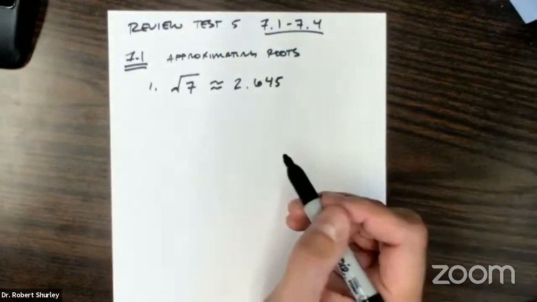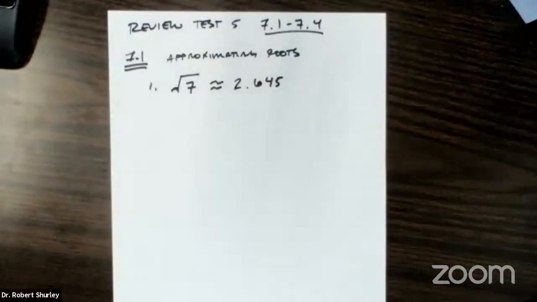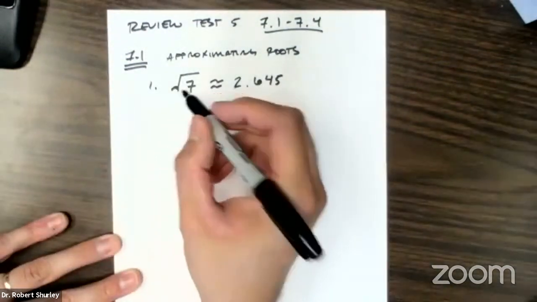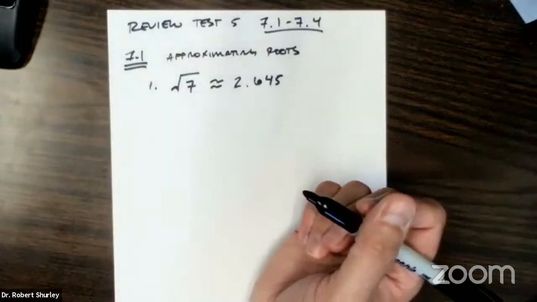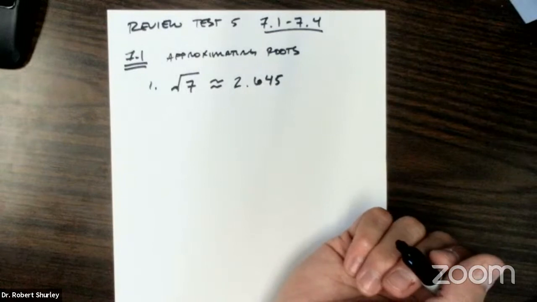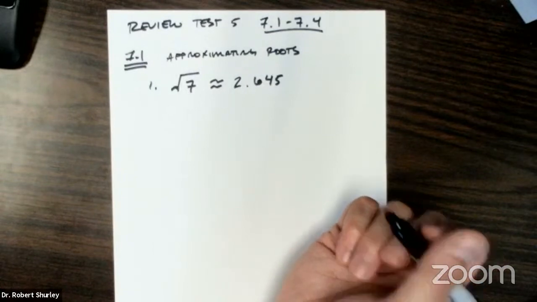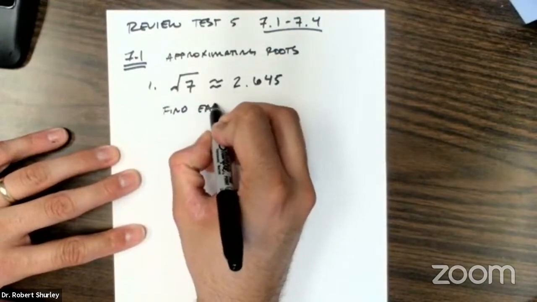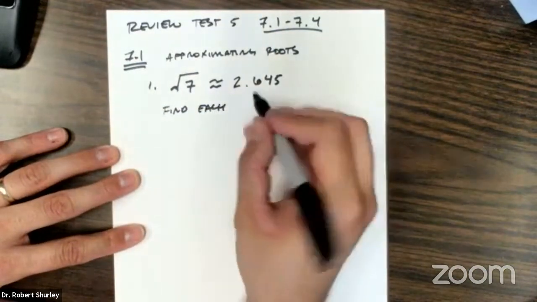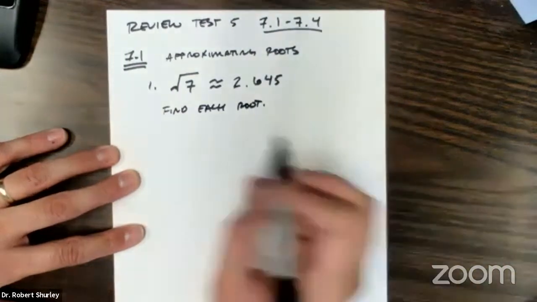So next is going to be simplifying roots that have nice simplification. Square roots and cube roots. So it'll just say, find each root. Some will be cube root, some will be square root.